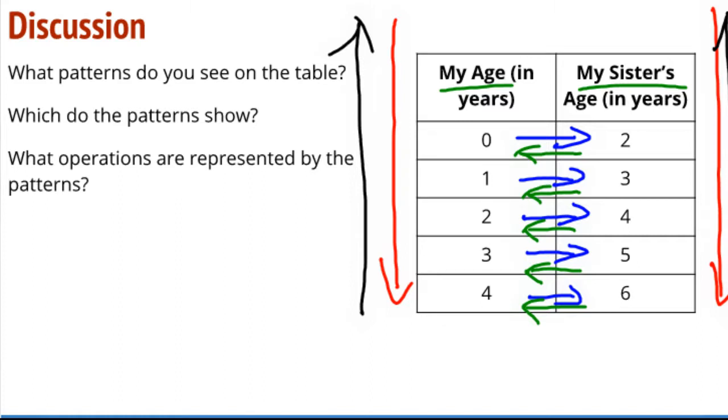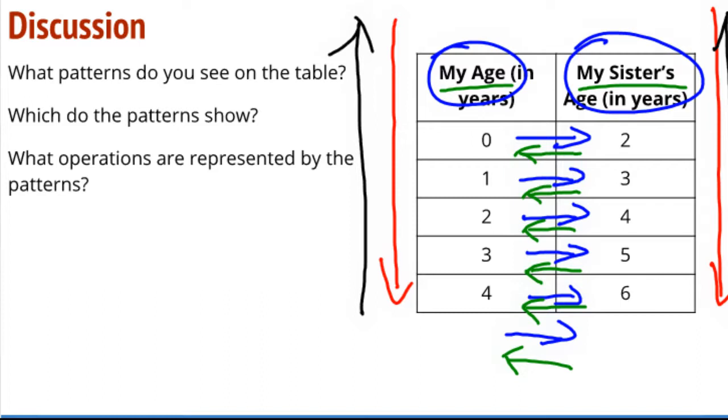And the question I would pose is which one is going to give us the greatest amount of flexibility? If I am using these horizontal patterns, going from left to right and right to left, I can pick any value that I want for my age and for the sister's age and figure the other one out.